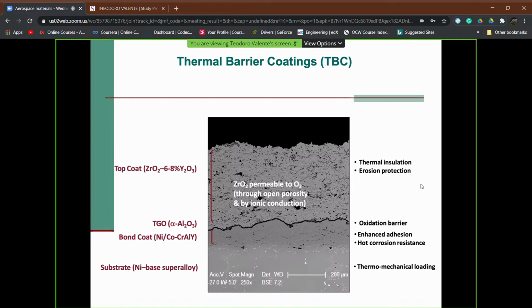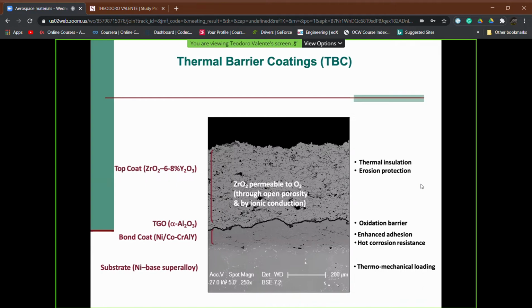What can we say looking at this picture? First of all, thicknesses. If you look, you have the white bar here, which is 200 microns. The thickness of the ceramic top coat, the partially stabilized zirconia, is around 300 microns.